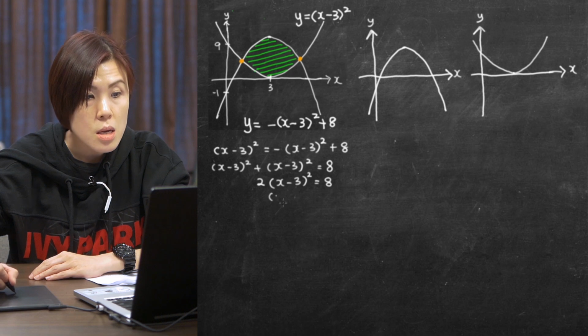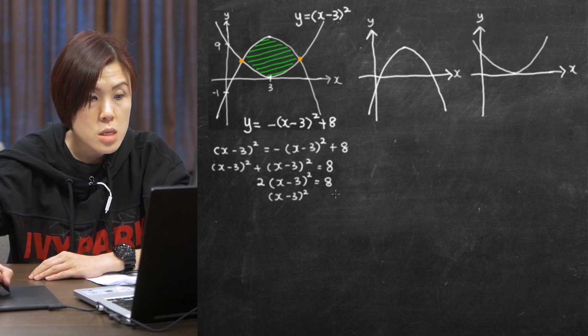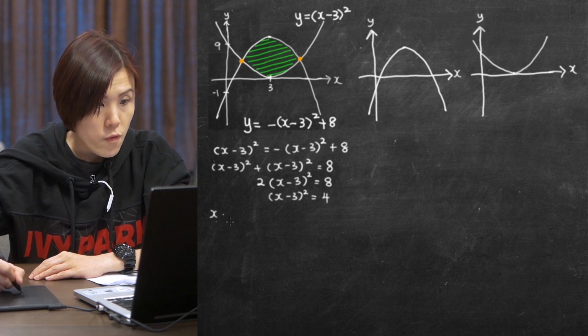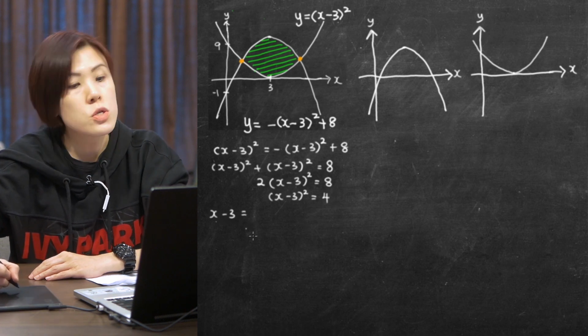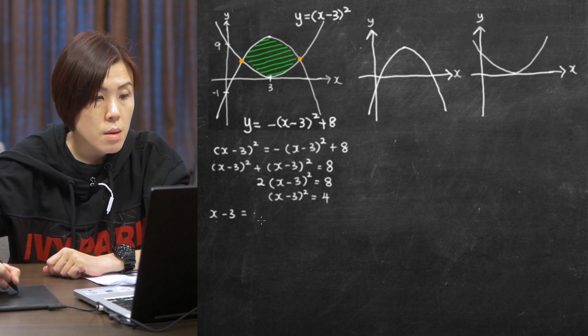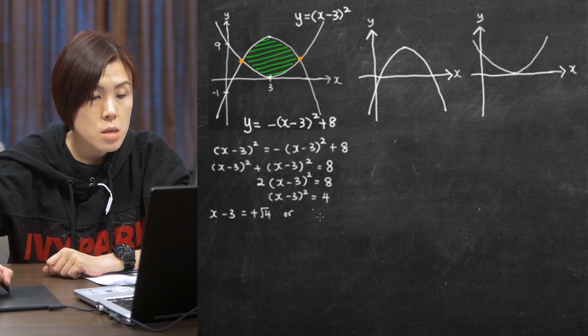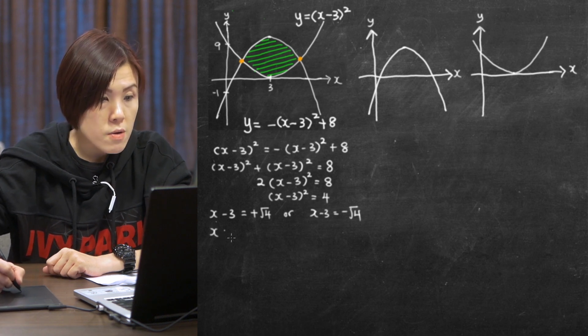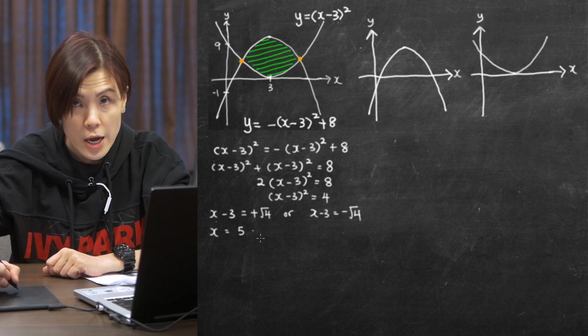What I mean is, I can just bring 2 over, 8 divided by 2, then I will have 4. And we just need to find the square root of 4. So the square root of 4 has 2 possible values. It's either positive square root of 4, or negative square root of 4. Then we will have 2 plus 3, which is 5.